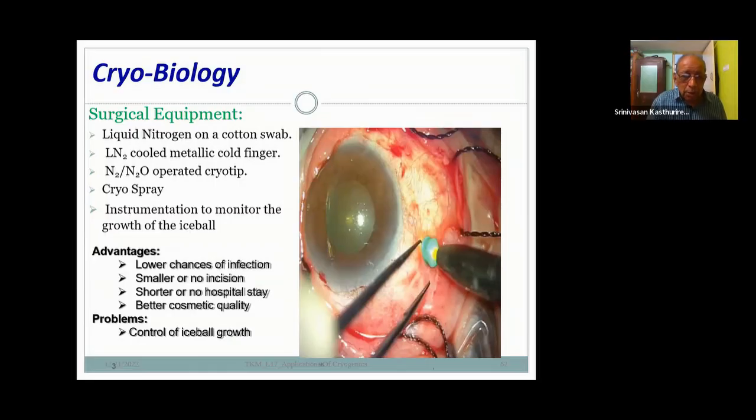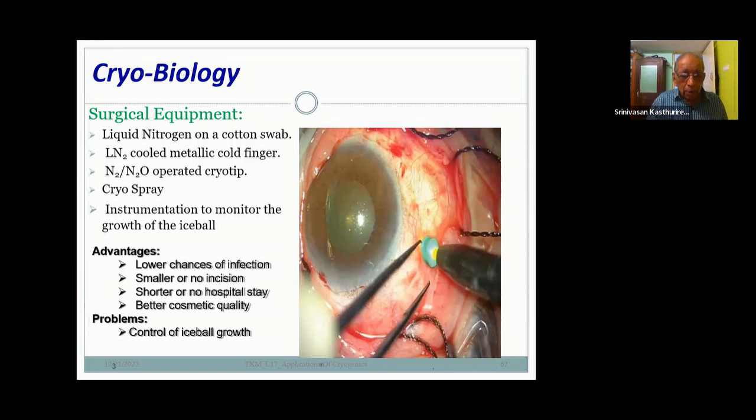In fact, we are going to discuss cryogenic freezing. At that time, we'll discuss this in a little more detail. You get essentially an N2 or N2O operated cryotip. So you get a cryo spray. Instrumentation to monitor the growth of the ice ball is needed.